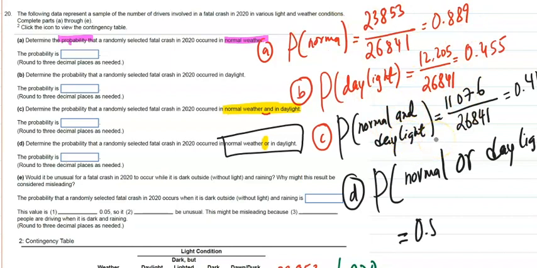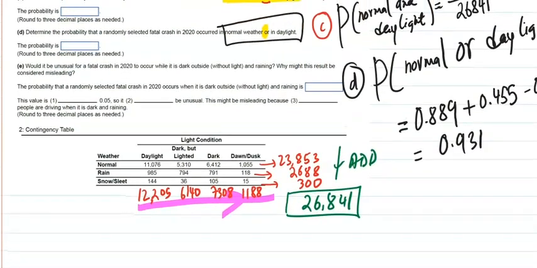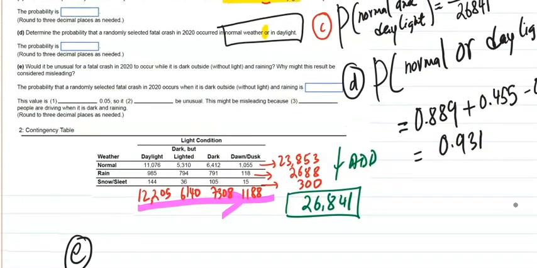So this is going to be 0.889 plus 0.455 minus 0.413. Because of "or," you add the individual probabilities and subtract the "and" probability. If you add and subtract, you get 0.931. Okay, part D.